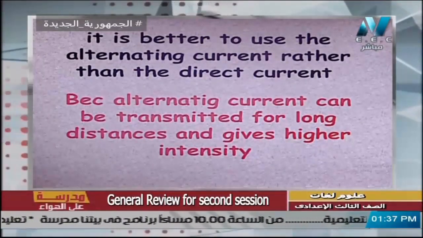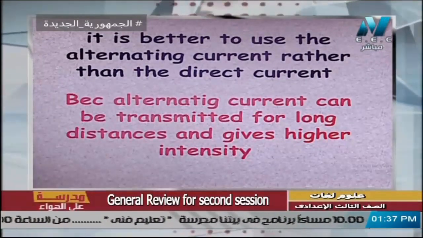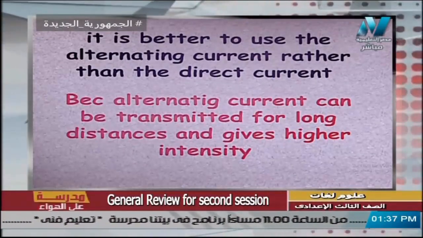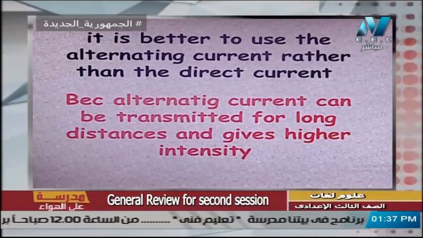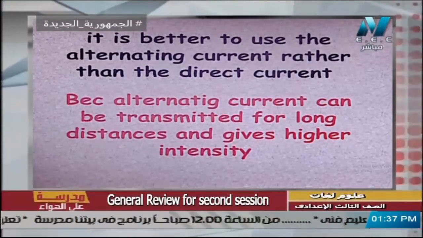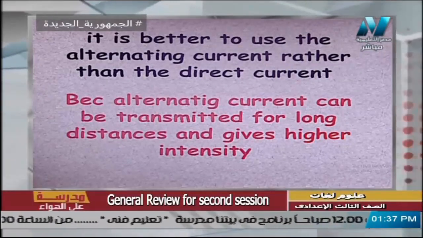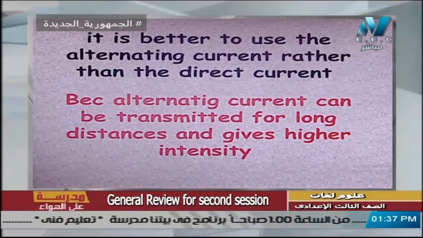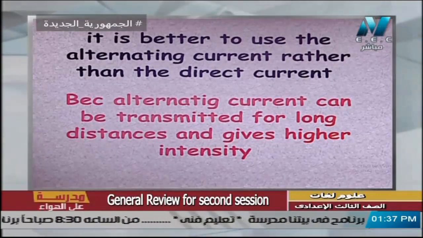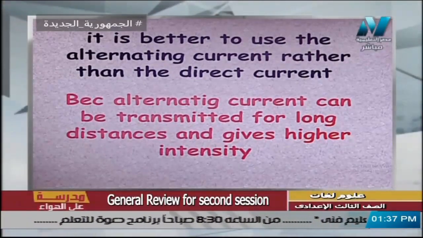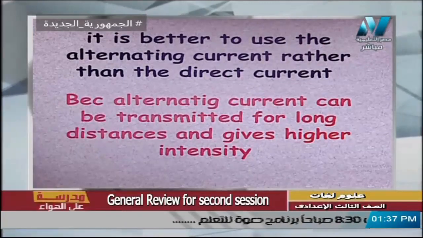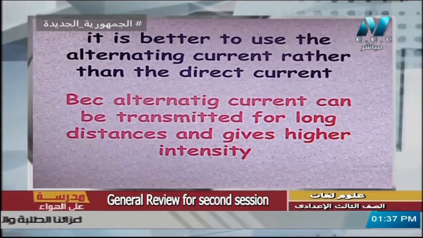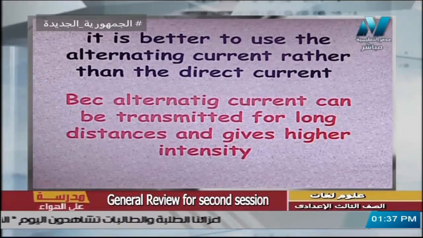Because it can be transmitted for long distances and gives higher intensity. بقدر انقله مسافات طويله جدا وكمان بيديني higher intensity يعني شدة اضاءة اعلى. It's better to use the alternating current rather than the direct current because alternating current can be transmitted for long distances and gives higher intensity.